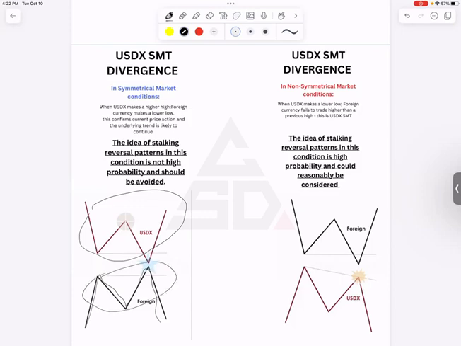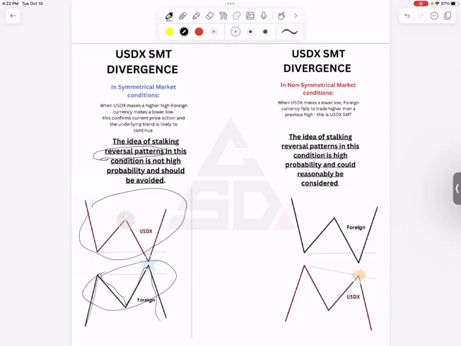At times like this, don't try to anticipate reversal patterns. So in symmetrical market conditions, don't look for liquidity pulls. Because if you do, you might end up getting caught on the wrong side because DXY didn't give you that extra confirmation. So this is something you can add to your trading strategy.